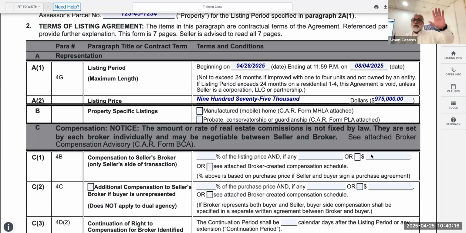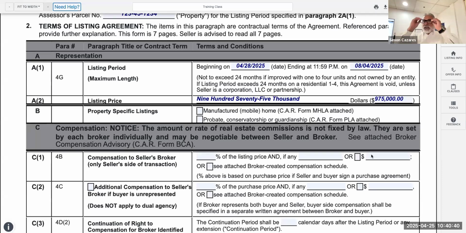So this is where you're going to start the actual active on the MLS. Beginning on means the date that it's going to go live. Okay. That's the day that it's going to go live, right? The ending date is by 11:59 p.m. That's going to be the ending time, meaning that's your period.